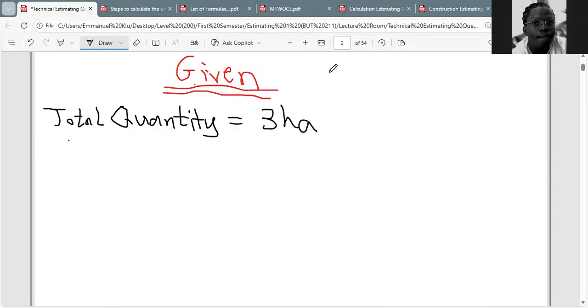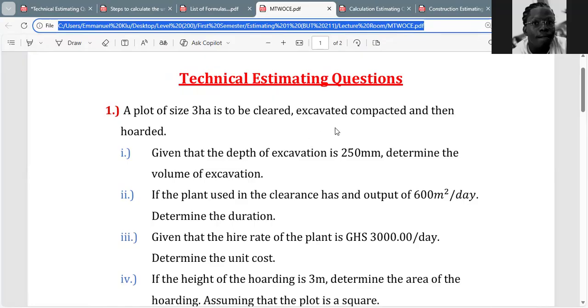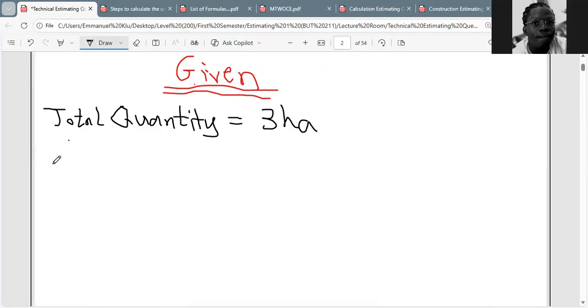And then also, they say our depth of excavation is 250 mm. Now we are supposed to determine the volume of excavation. So now our depth is equal to 250 mm.